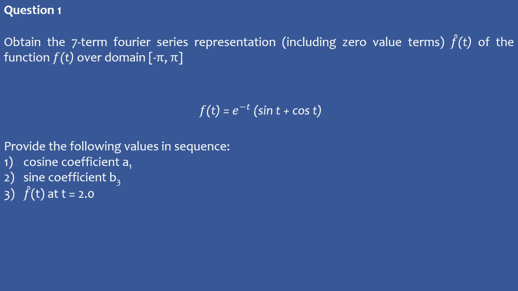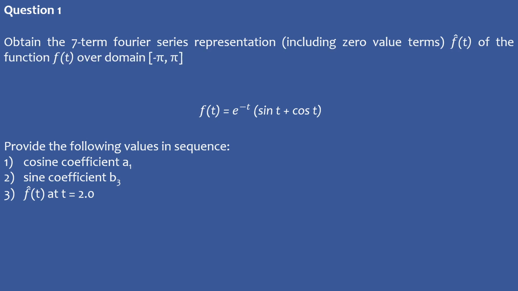So here is the first question in front of you. You need to obtain the 7-term Fourier series representation, including the zero value terms, of the function f(t). The f(t) function is given to you.